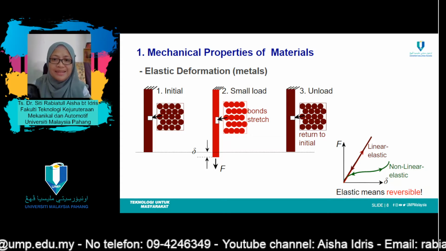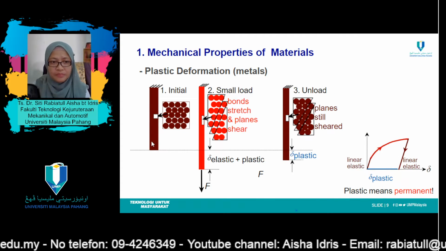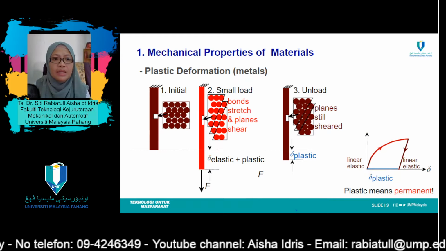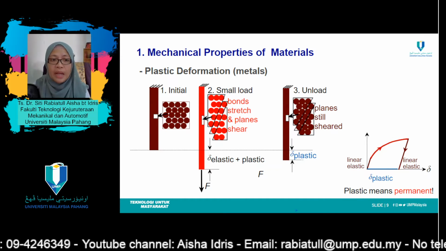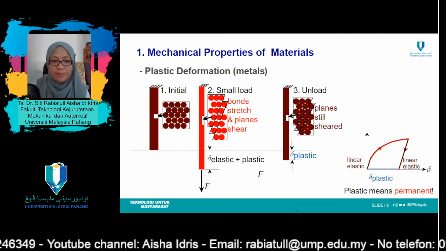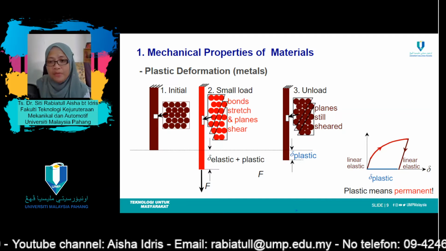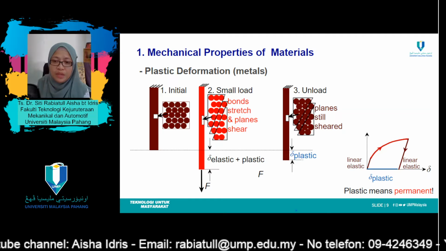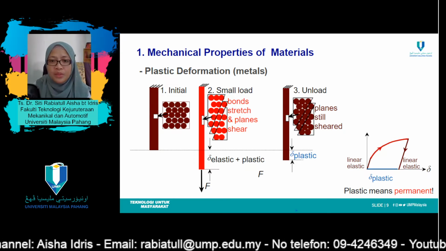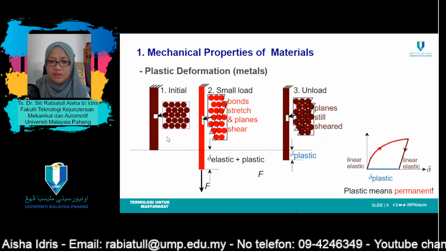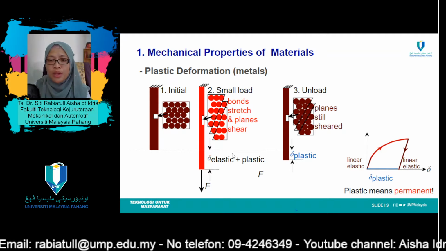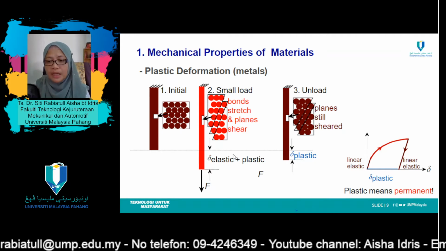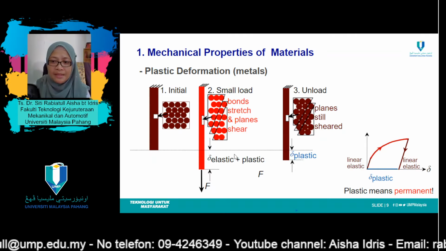What about plasticity? Plasticity is the ability of a solid material to undergo permanent deformation, a non-reversible change of shape in response to applied forces. If you refer to the illustration here, this one is the initial condition, and then figure number 2 shows the load being applied until the plastic region.